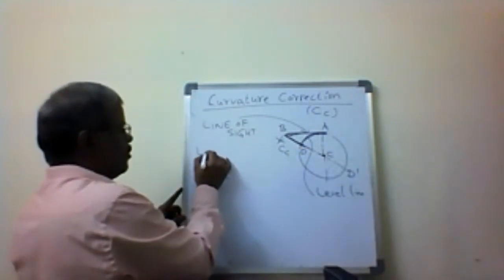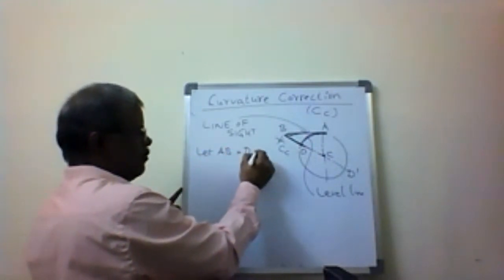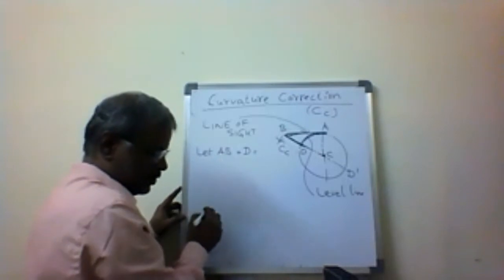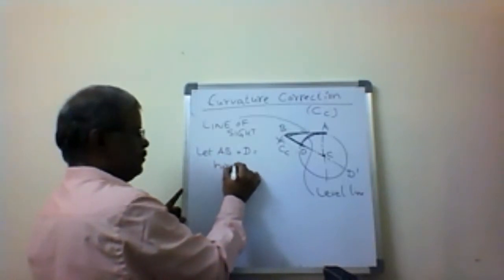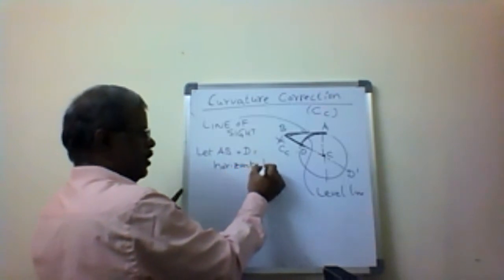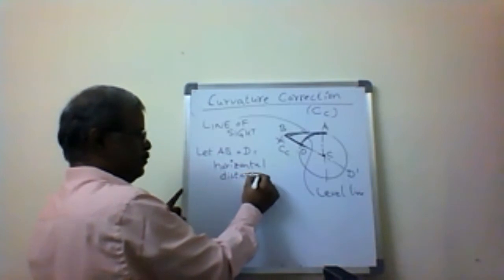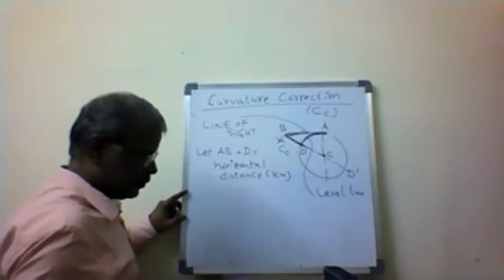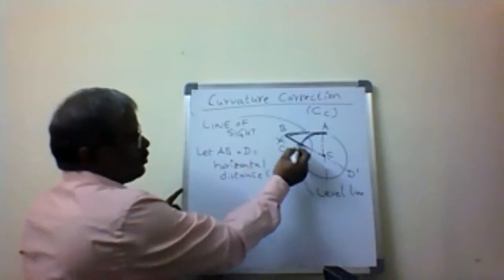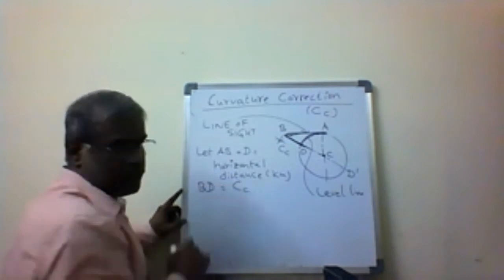Now let AB equal the horizontal distance, measured in kilometers. B to D is the curvature correction.